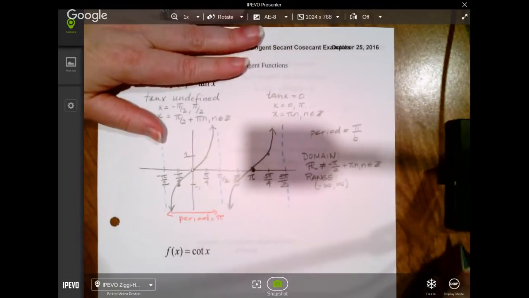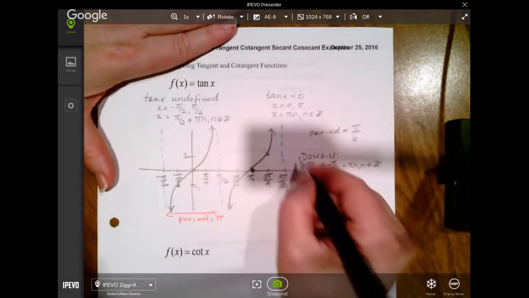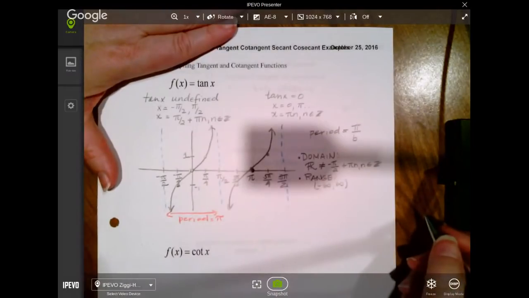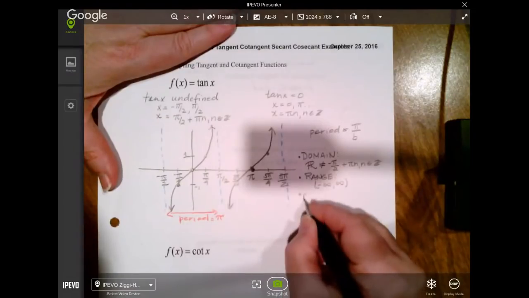All right. Some other things that we can state about tangent are some facts about its continuity and its increasing and decreasing behavior and limit behavior. The tangent function is continuous.